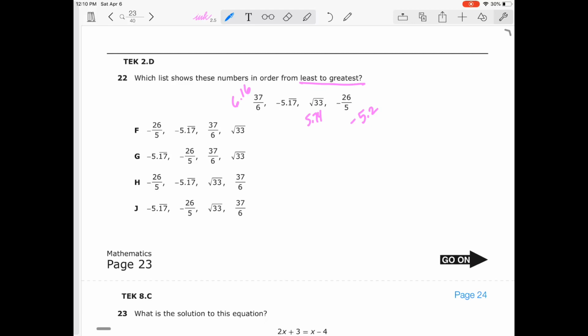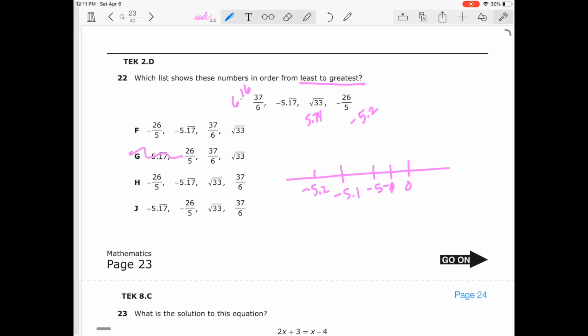Now, let's talk about it on the number scale. Negative 5.2 is here. Then it's negative 5.1, then negative 5, then negative 1, and then 0. Okay? So the smallest number is going to be negative 26 over 5.